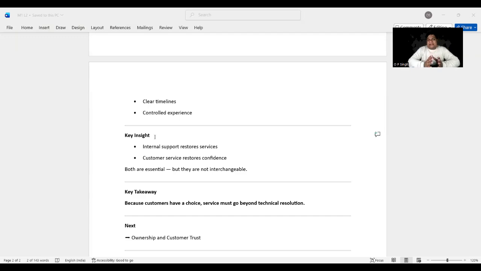So the key insight is that internal support is used to restore the systems, whereas customer-focused service restores the confidence of the customer. Both are necessary, but they are not the same, and you should never think they are the same. Employees depend on the system, whereas the customer chooses your organization. And because customers have a choice, service must extend beyond the technical resolution.